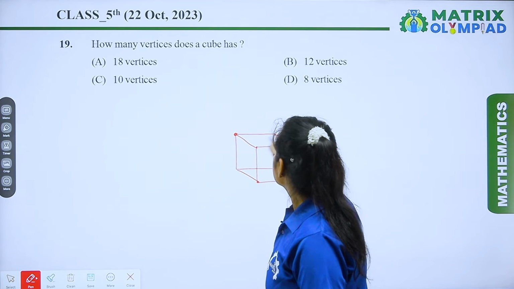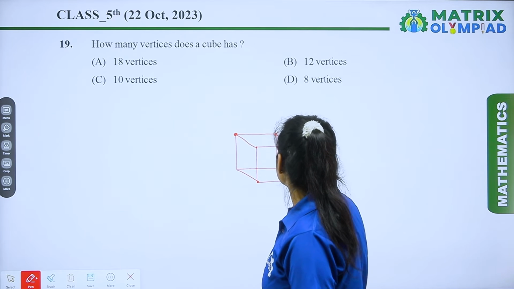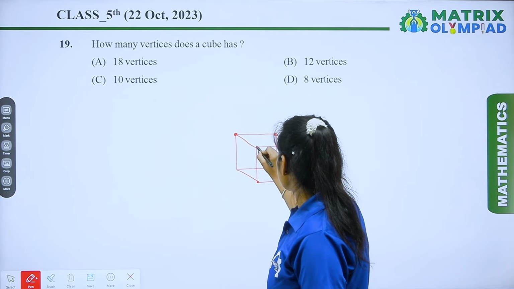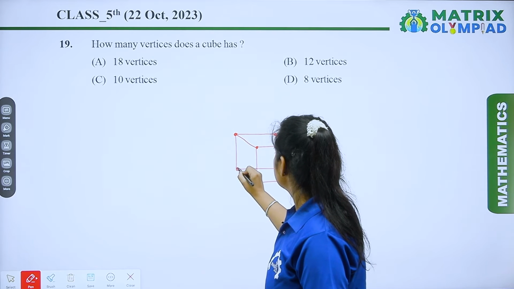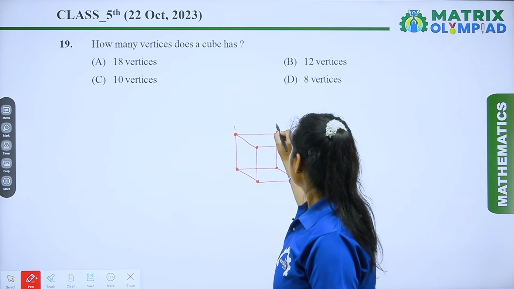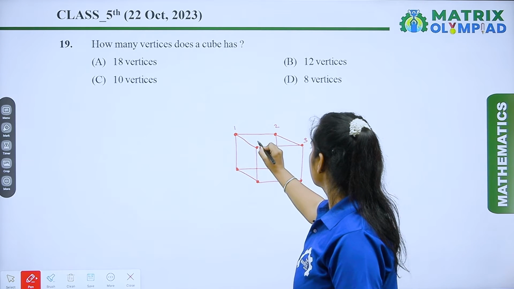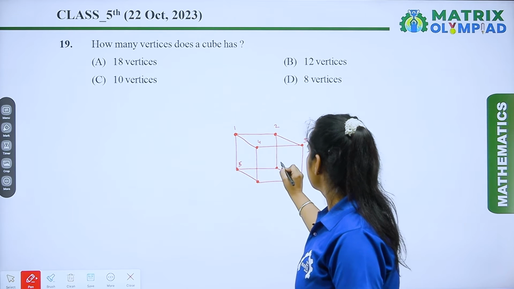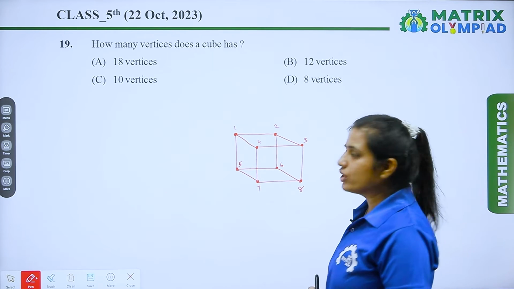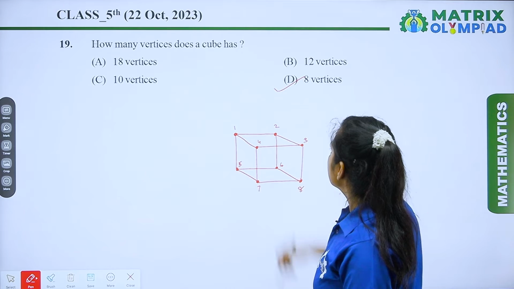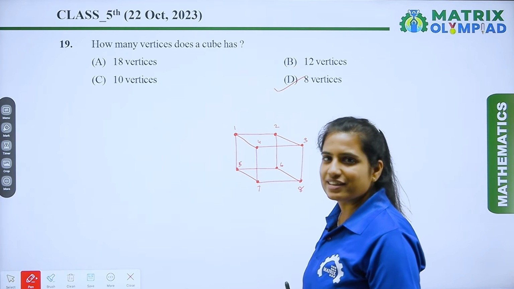Vertices are the corners where edges meet. So here we have 1, 2, 3, 4, 5, 6, 7, 8. We have 8 vertices. So here option D is the correct answer.